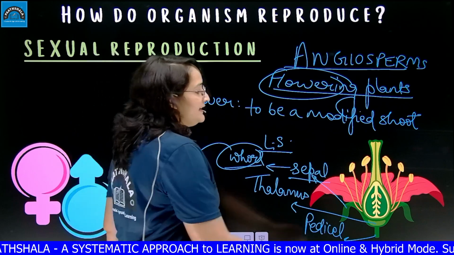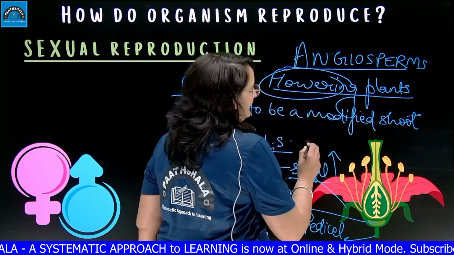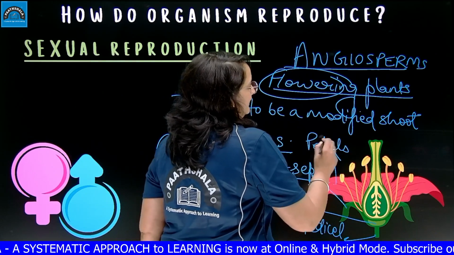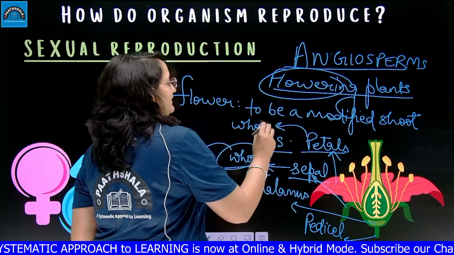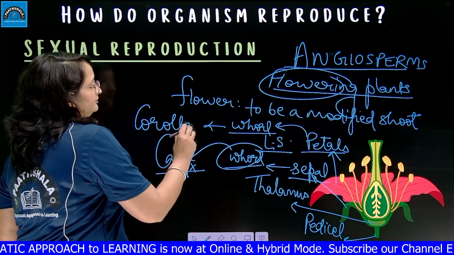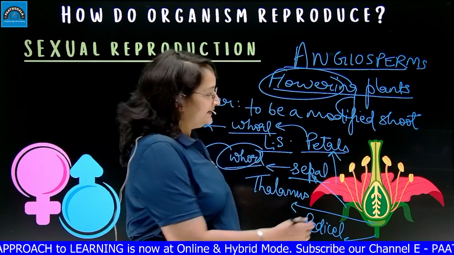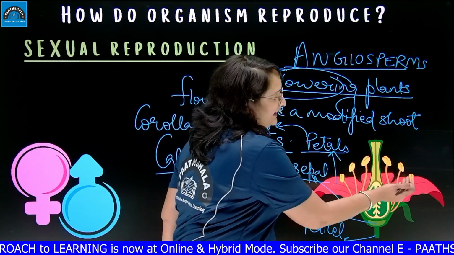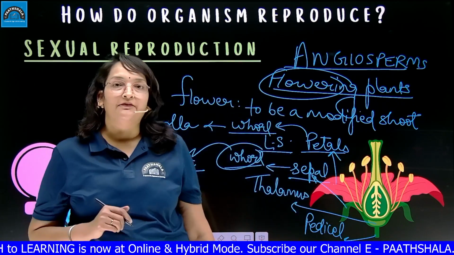Right? These colorful leaf-like structures are known as the petals of the flower, and the complete whole, the circle of these petals, is known as the corolla. Okay. Now, in the center part, you can see this green structure and these yellow structures. These are actually the reproductive parts in the flower.